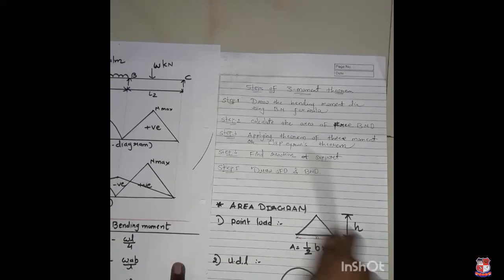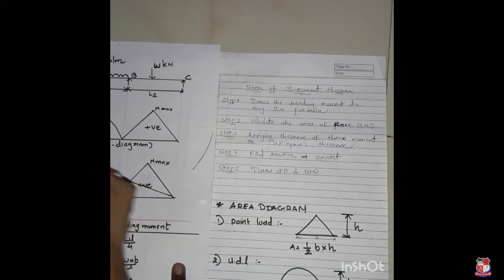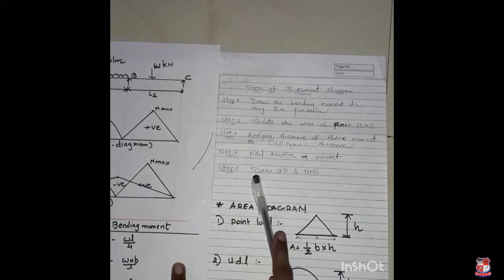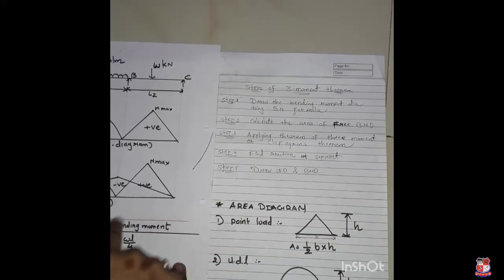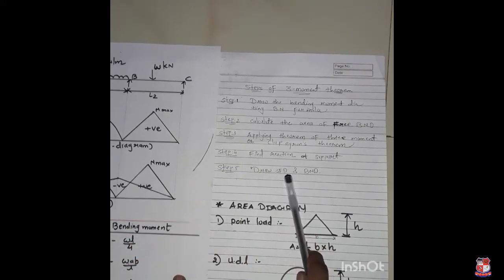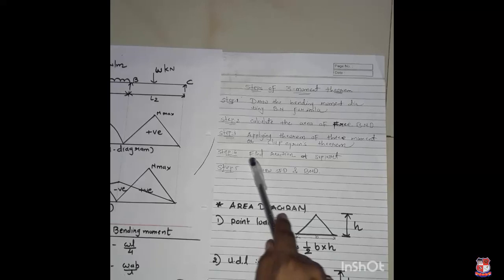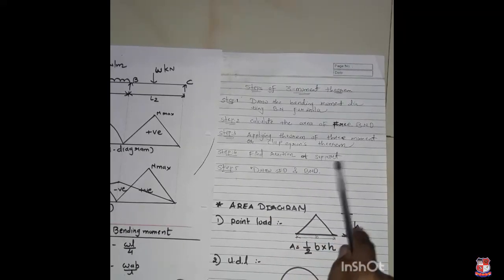The next step is reaction at support. Find the reaction at A and the reaction at C, and the last step is to draw SFD and BMD. Here BMD is drawn, so draw the SFD last, with respect to the reaction at support.